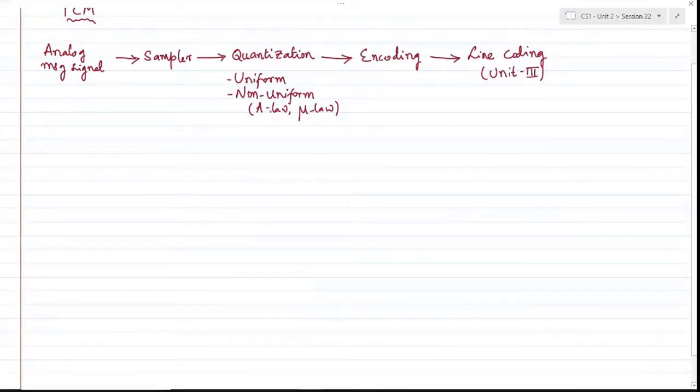So with that idea behind, I will try looking at different forms of this PCM process as a system, to make the system more efficient.